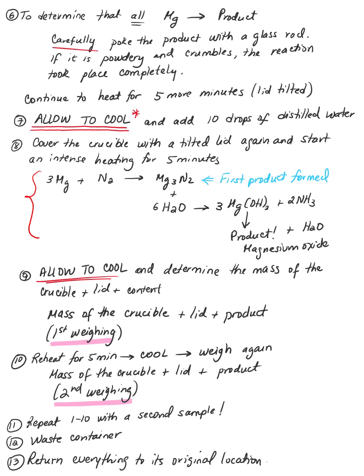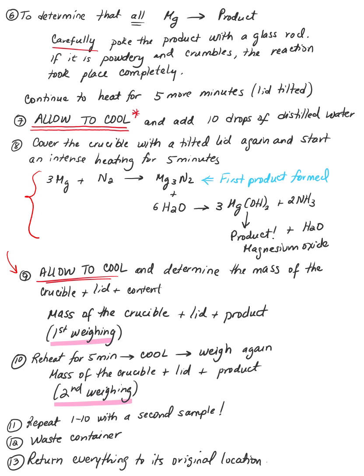So this number 9 will give you the mass of your crucible with the lid and the product after the first heating. Okay. All of this that you have been doing is the first one. After you have that number, now you're going to come back to your station and you're going to reheat for another 5 minutes.